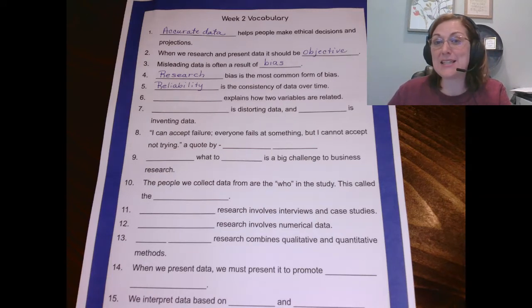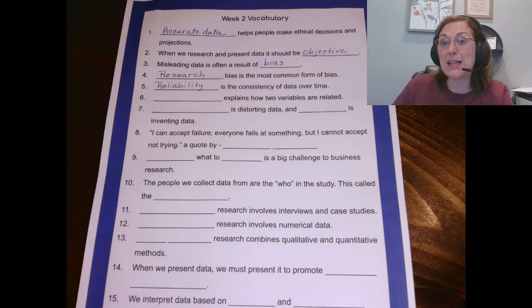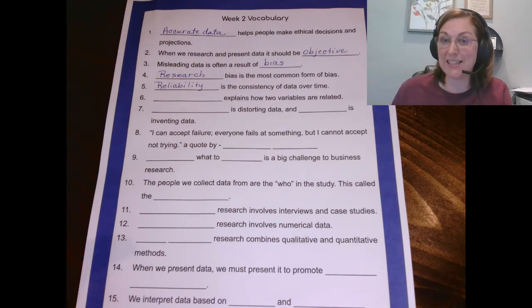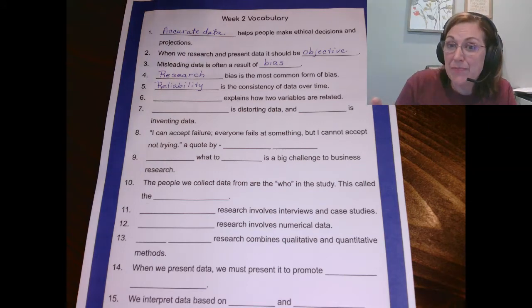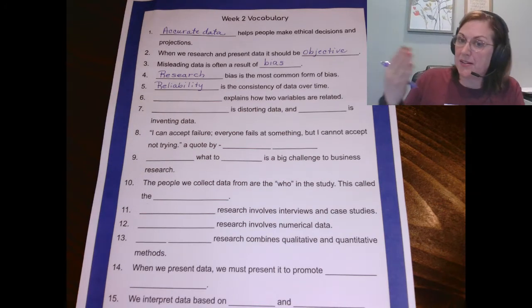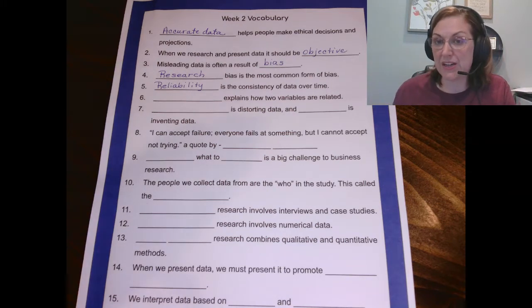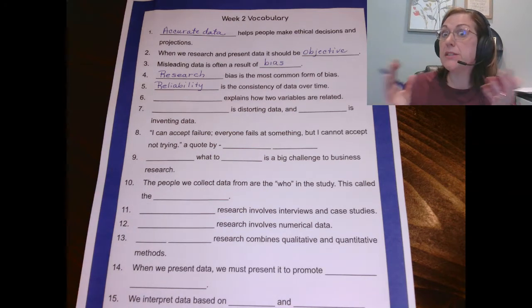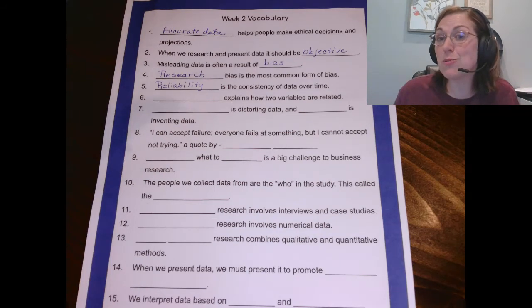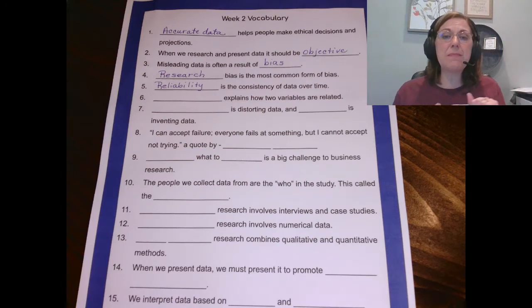So if I ask a 6-year-old today if they like lollipops, is it reliable that 8 out of 10 of them today are going to say yes they do, and 8 out of 10 of them on Friday will, and 8 out of 10 of them next month will? That's the reliability of our data. Now, if it doesn't, then our data is a little bit flawed. Maybe we should have researched more 6-year-olds than just 10. So it's something to think about.